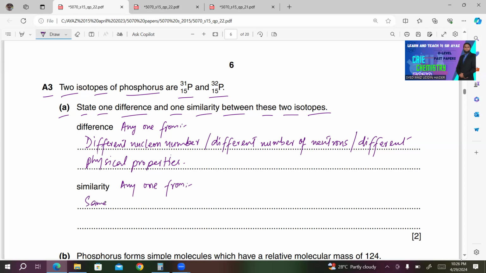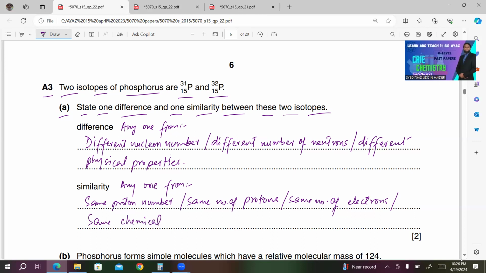Same proton number, same number of protons, or same number of electrons, or same chemical properties.